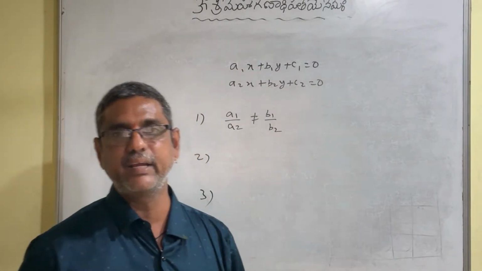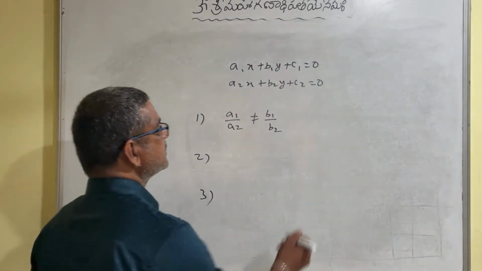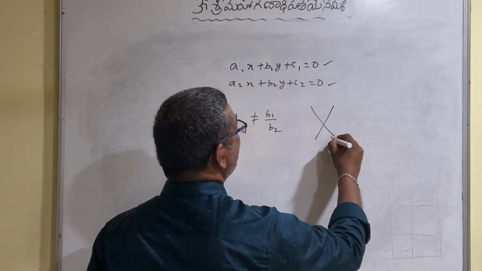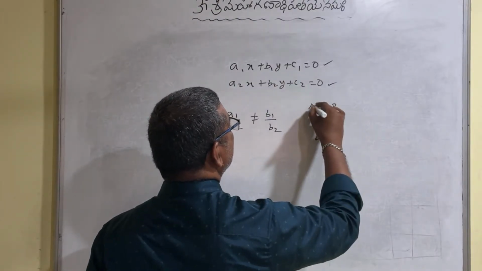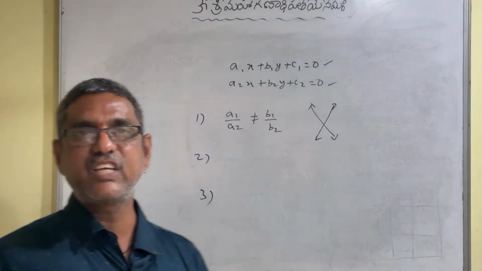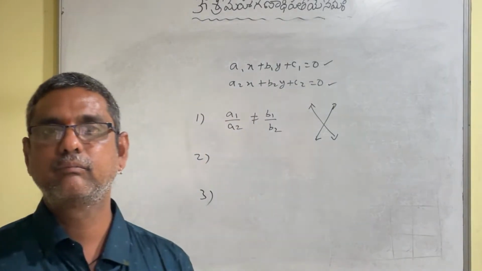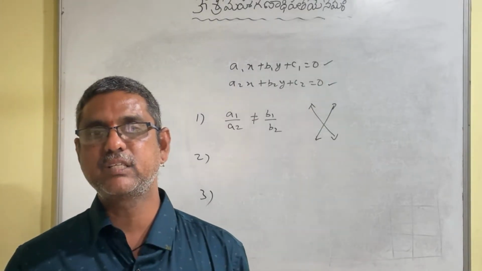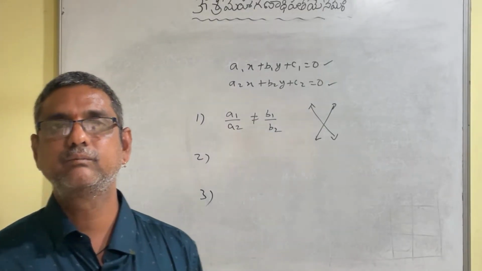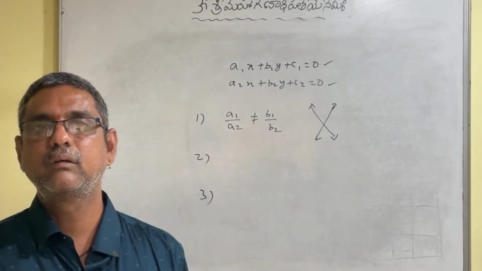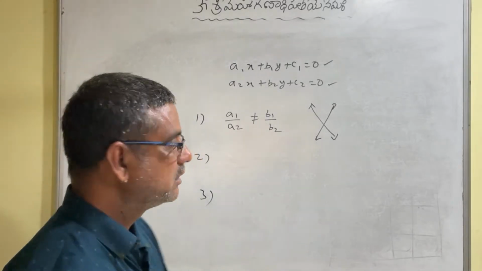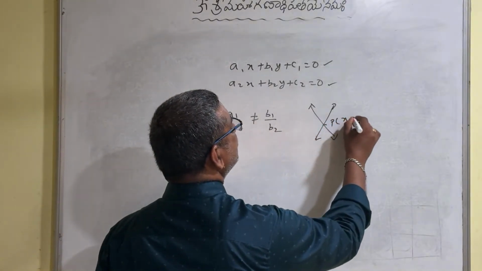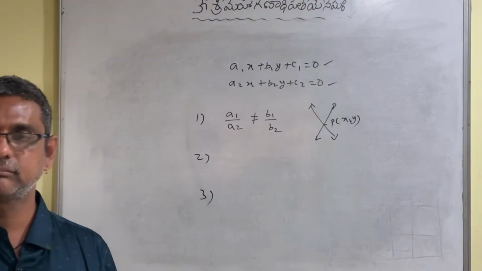Then when represented in the graph, we can observe two intersecting lines. And we know that if two lines are intersecting, we can get only one common solution.